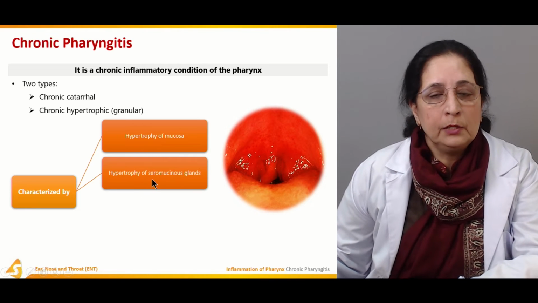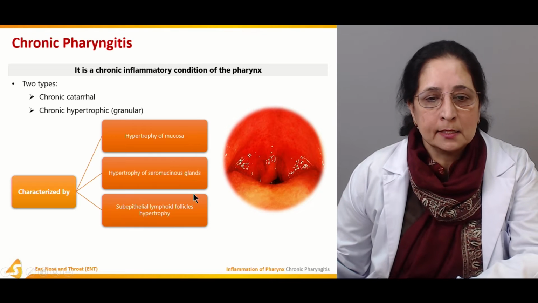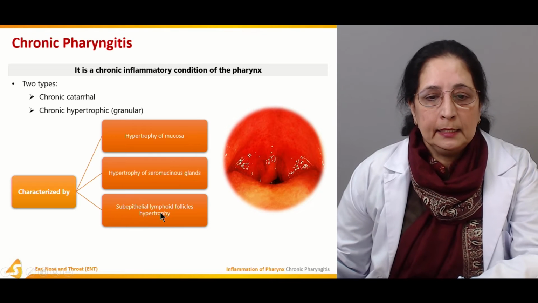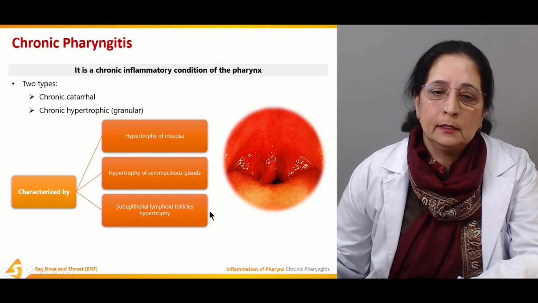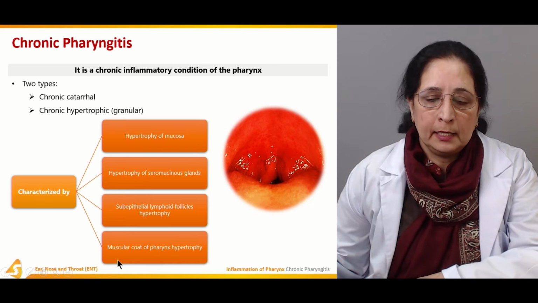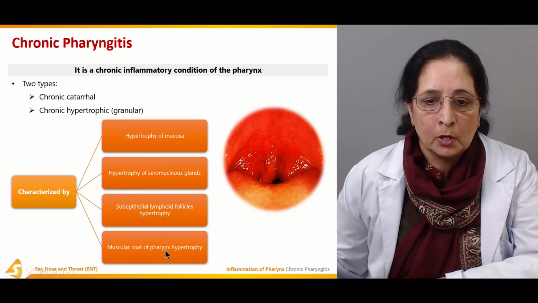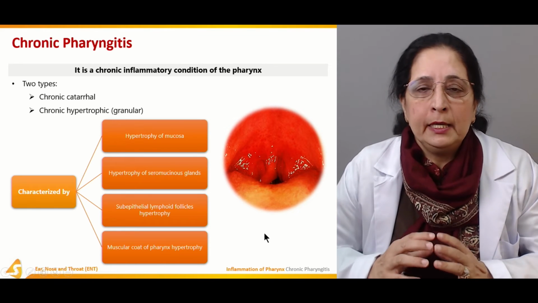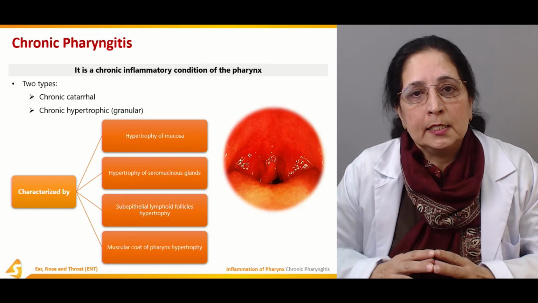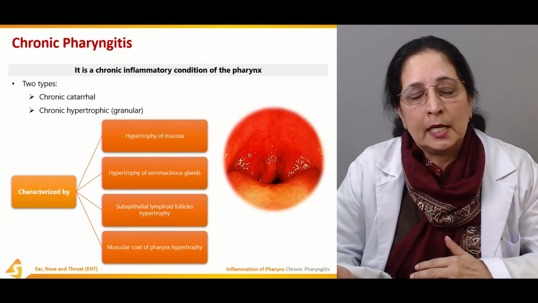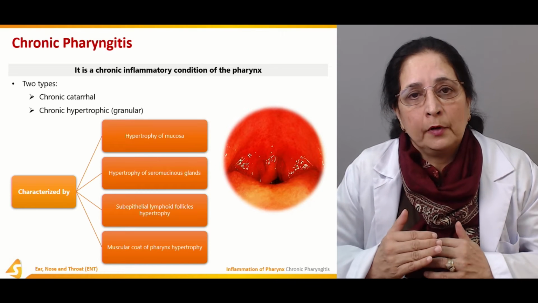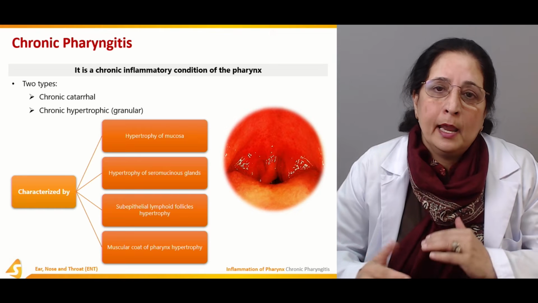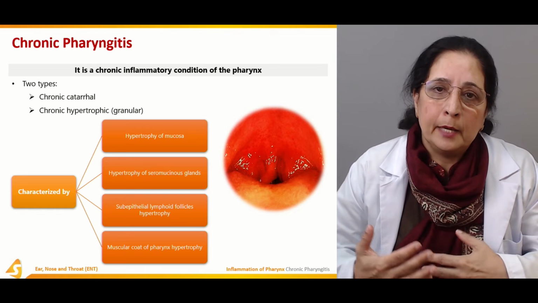Hypertrophy of seromucinous glands, subepithelial lymphoid follicle hypertrophy, and hypertrophy of the muscular coat of the pharynx. The pharyngitis is chronic, present for a long period of time, and with time there is hypertrophy.